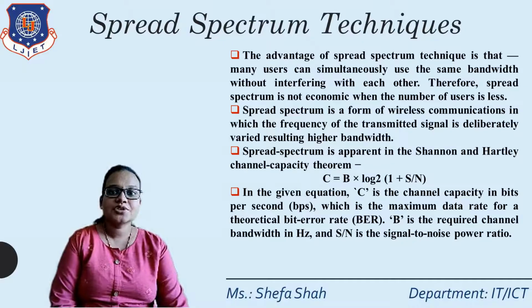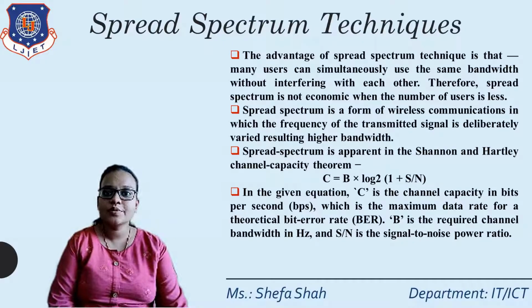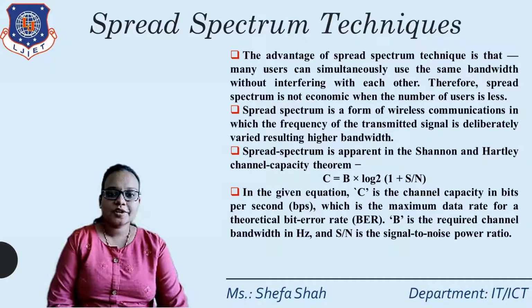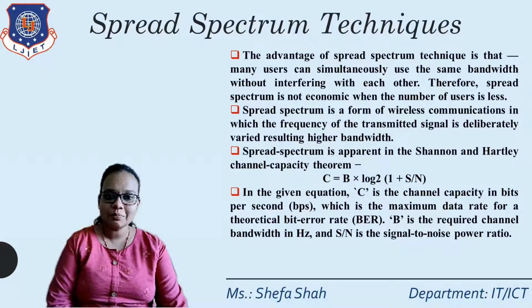In the last session, we discussed how CDMA works, and we saw the transmitting side and the receiving side of that particular signal, and how the PN sequence is used for transmitting as well as receiving. Now, the advantage of spread spectrum is that many users can simultaneously use the same bandwidth without interfering with each other.